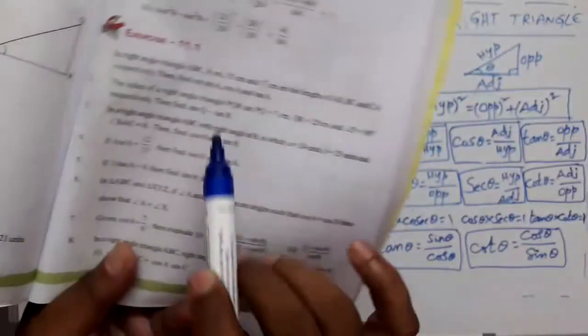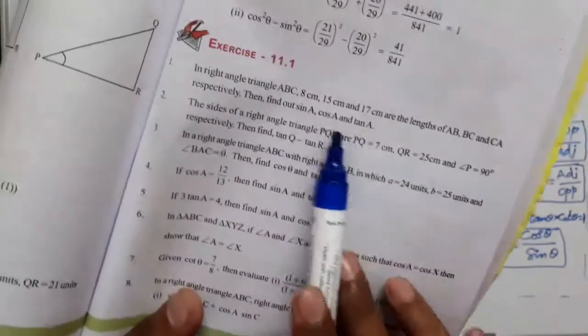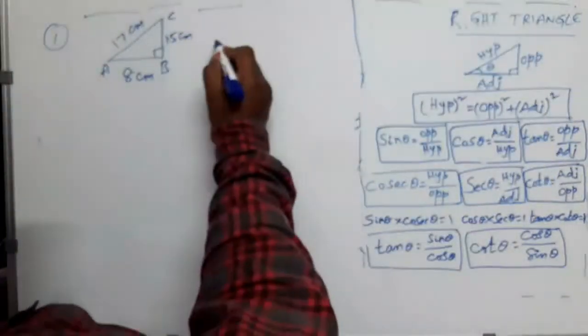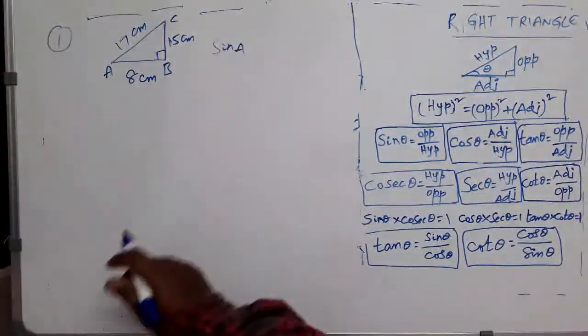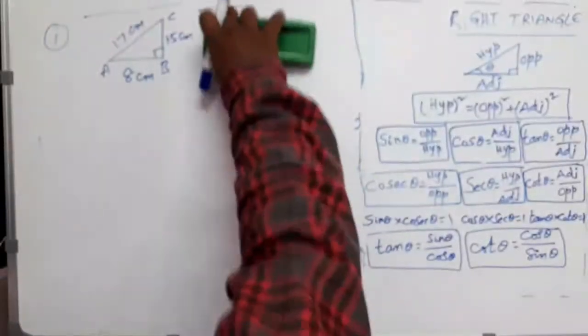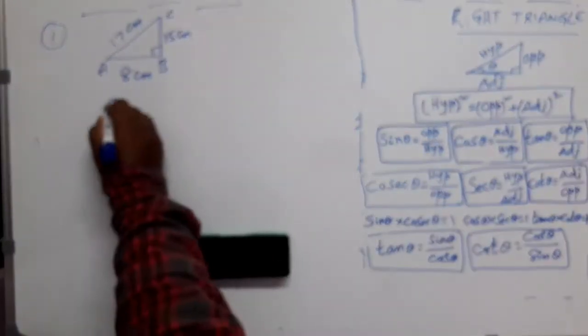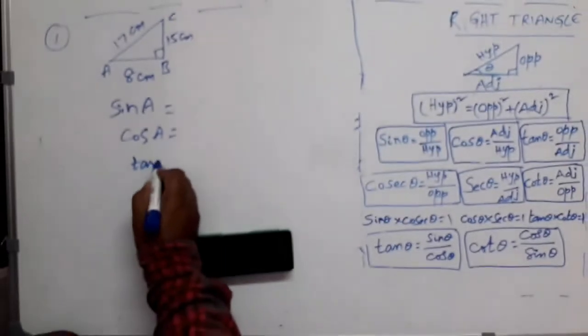You are supposed to find the values of 3 ratios: sin A, cos A and tan A.